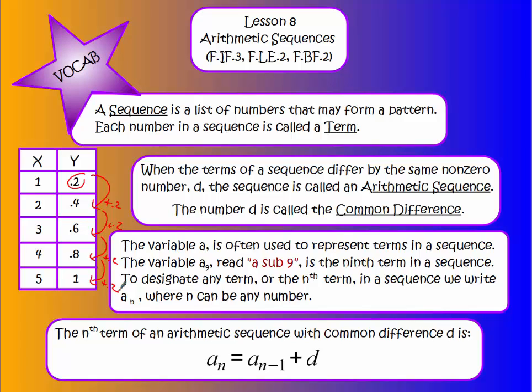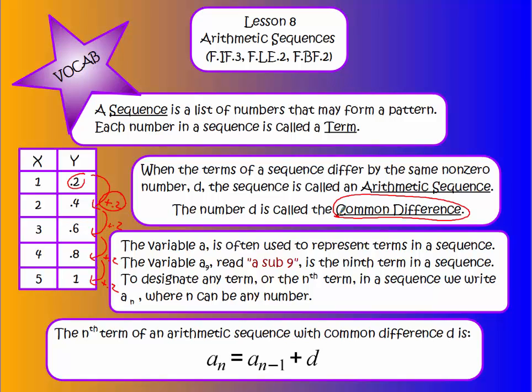And this number that it's increasing by, this plus 0.2 in this case, that number has a name. That number is called the common difference. It's how we move from one spot to the next in the sequence. We're adding 0.2.